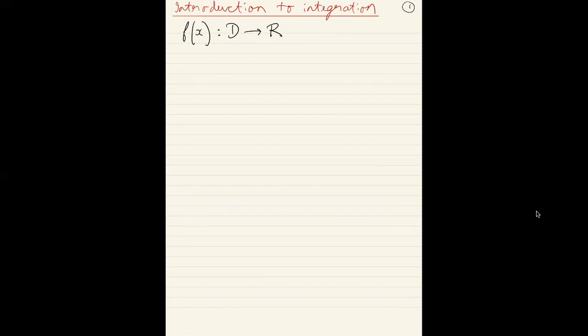So an integral can be thought of as an antiderivative. By that, what do we mean? What we mean is that if we had a certain derivative f prime of x, so what does a derivative look like? It's a function. So the question we are asking is, what is it that we had to differentiate in order to get this derivative?